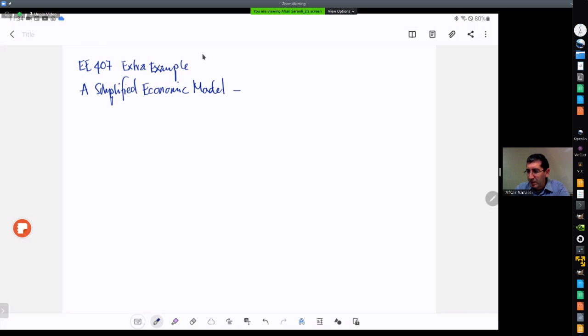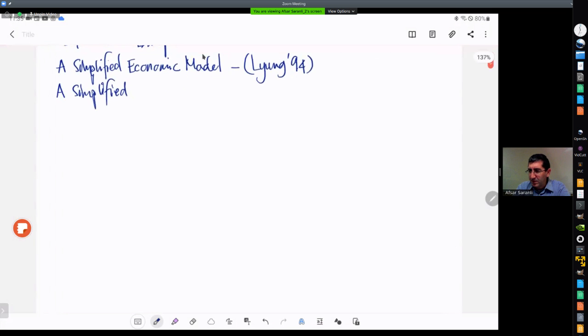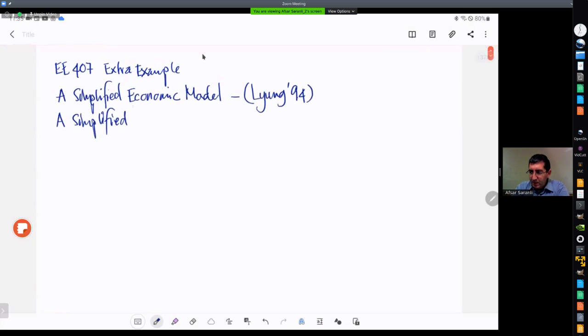This is from Lung's book, from one of your reference books. This is a simplified Keynesian model. Keynes is a famous economist.